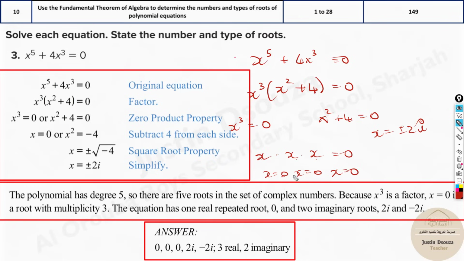So we write all this: 0, 0, 0, 2i, minus 2i. And they have also asked what type of roots. I forgot to tell this. Whenever there is i, it's called an imaginary root. Otherwise, it's a real root. Number 0 is a real number. So it's 3 real roots and 2 imaginary roots. Now, degree 5, you have to justify 5 roots over here.